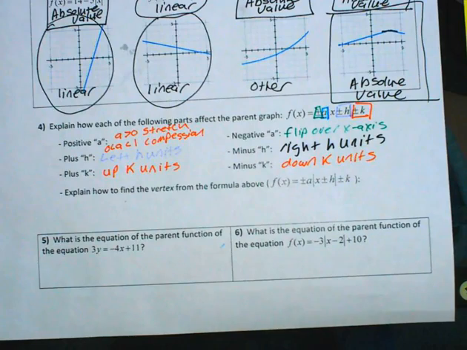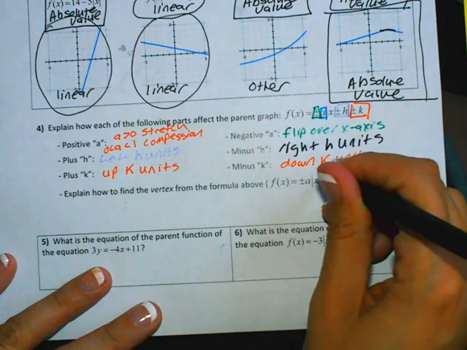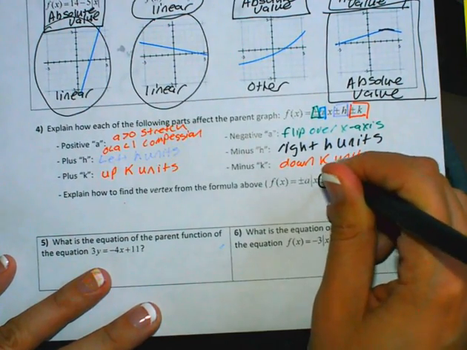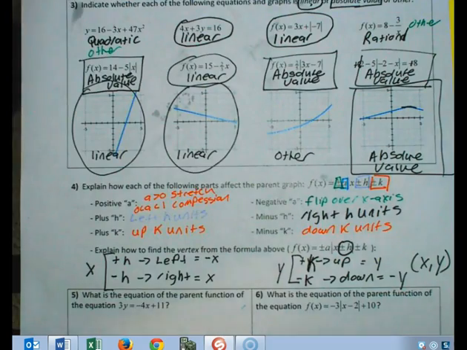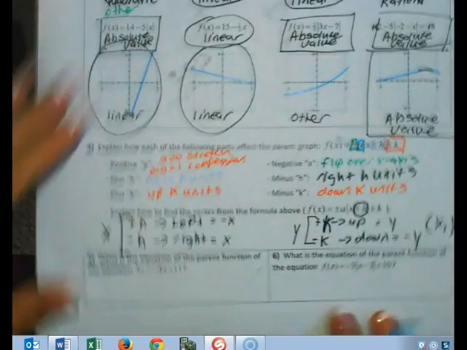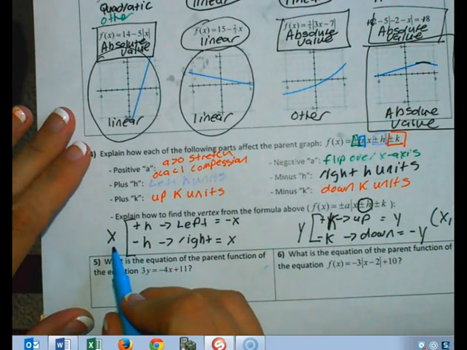Okay. And then explain how to find the vertex of the formula above. Okay, so find the vertex for the absolute value. You're going to look at this piece here. We know that that H means left or right. So H is going to be the x value of the vertex.